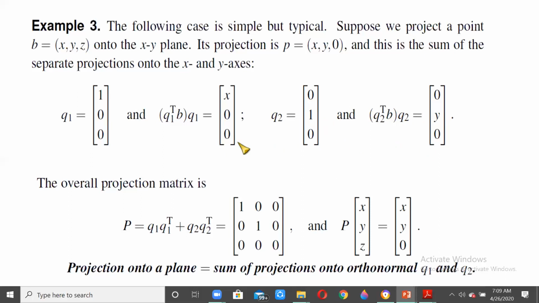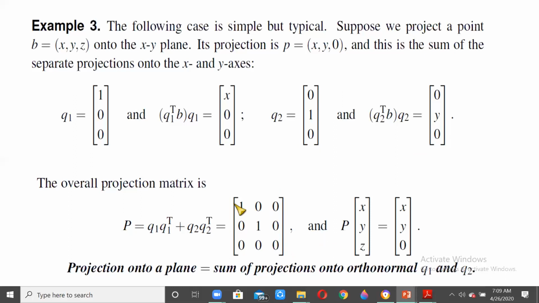The third one will be 0, 0, 0 because we have 0 over here. Then we get P equal to Q1 Q1 transpose plus Q2 Q2 transpose, which is the matrix 1 0 0, 0 1 0, 0 0 0.